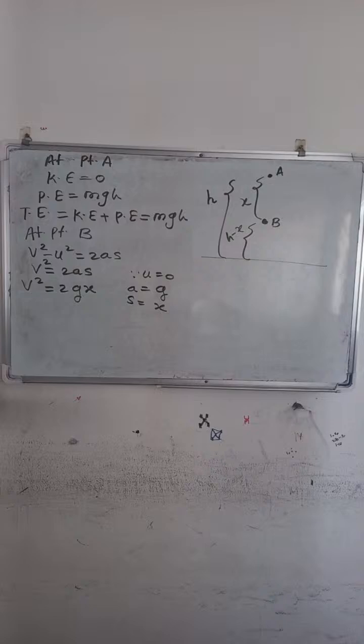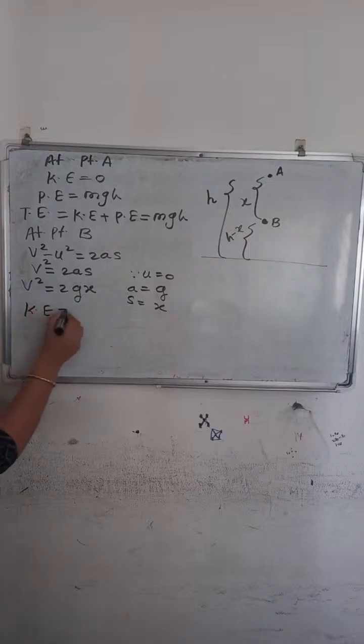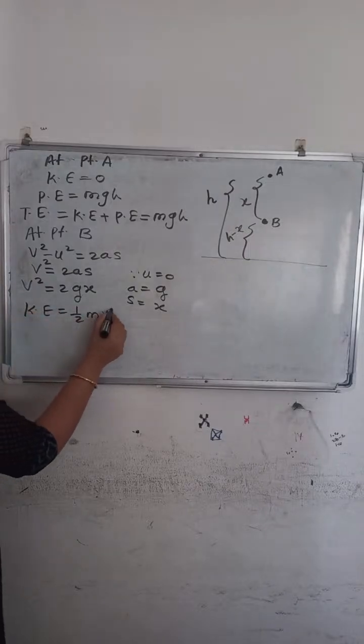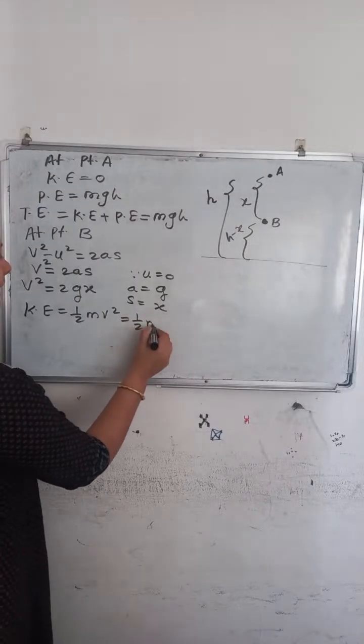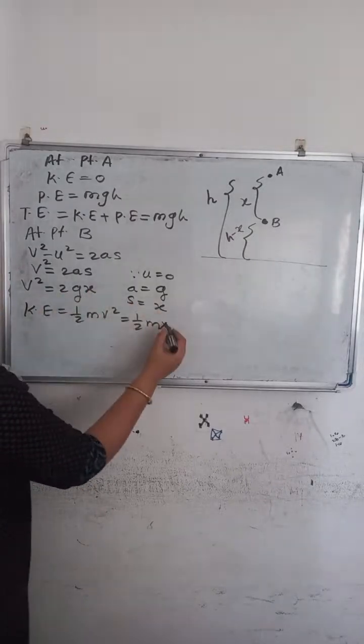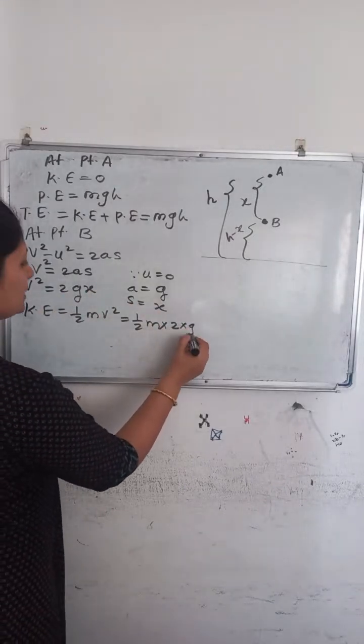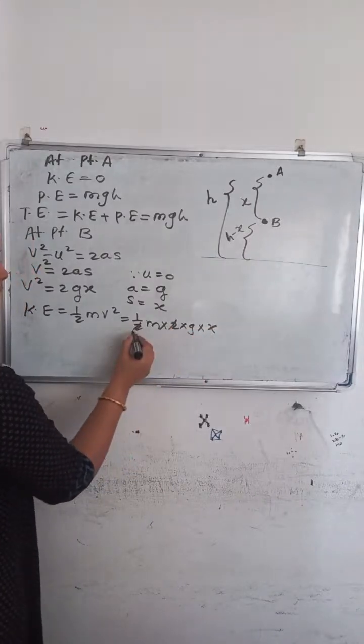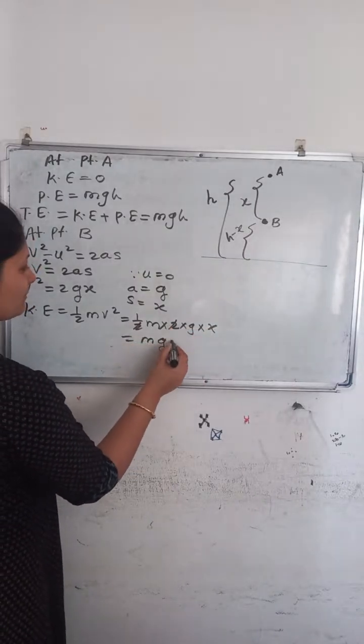Then what is the kinetic energy at point B? Kinetic energy is half mv square. Substituting 2 into g into x, the 2 gets cancelled and I get mgx.